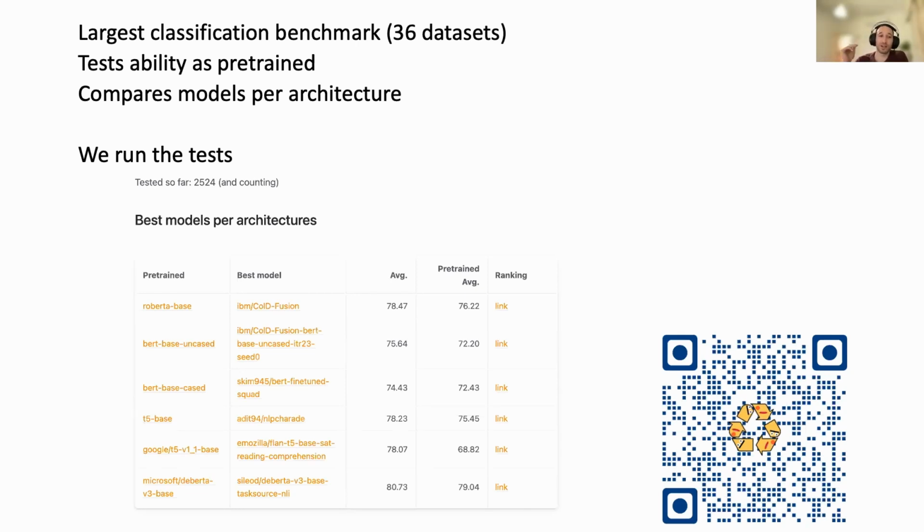So for each architecture, we test many models and share both the average and the score per task. So if someone really cares about something specific, they could check that. And we also share all of the data. So if someone has an idea of why some models would be good for some tasks and not others, or anything of this sort, it's all out there.